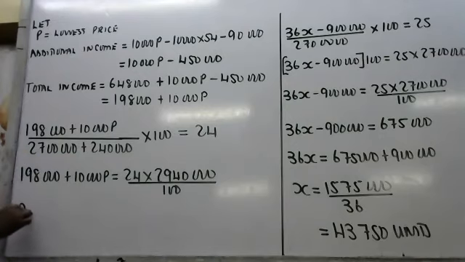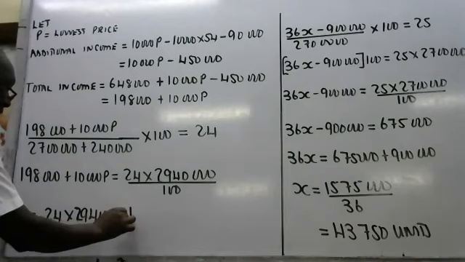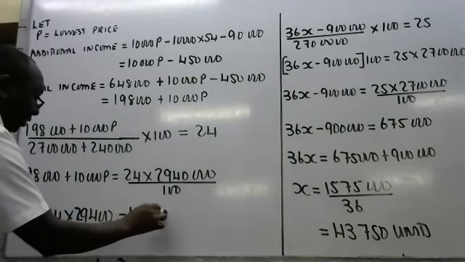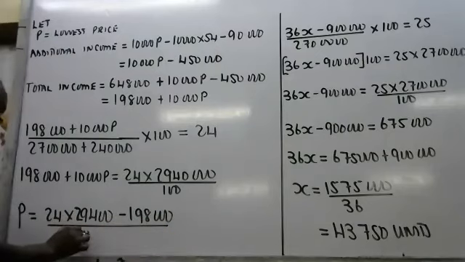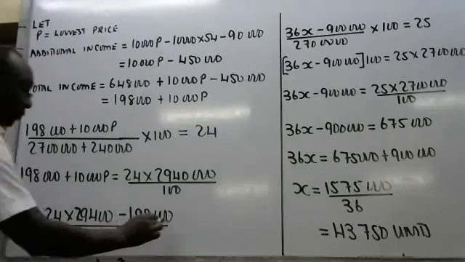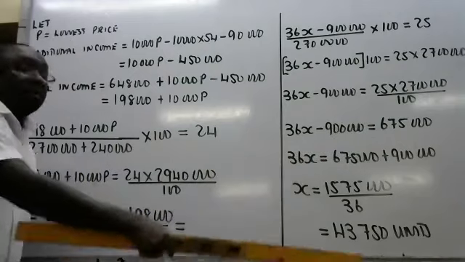So straight on, P should be 24 times 29,400 minus 198,000. All these you divide by 10,000. So I've summarized the steps that we have taken here.